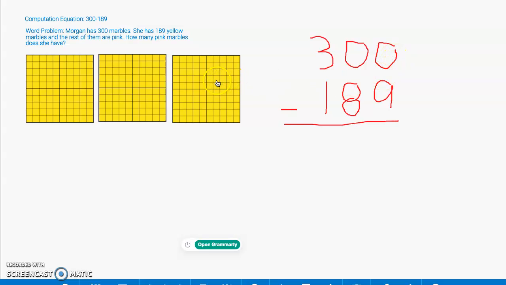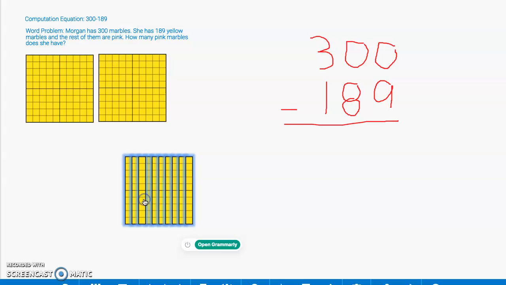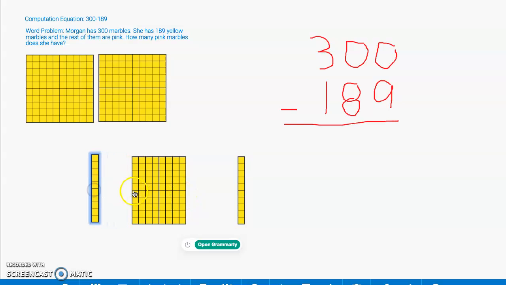So we need to decompose one of our 100 blocks into 10 tens. So let's look at all of our tens here.